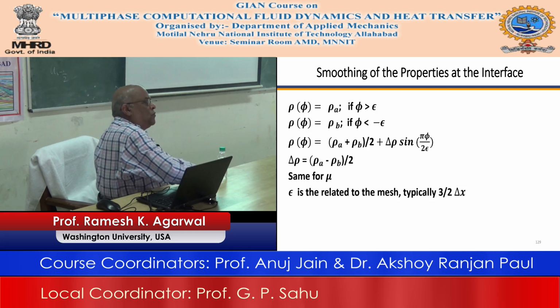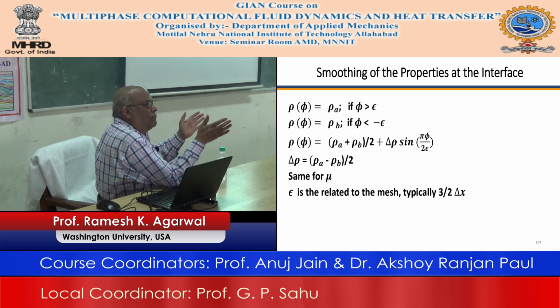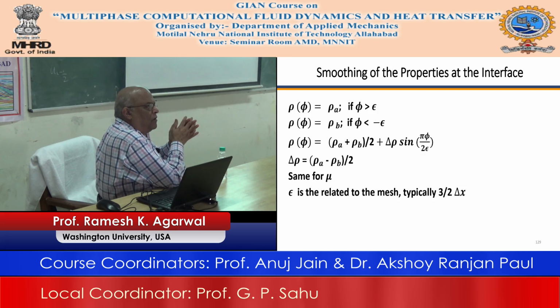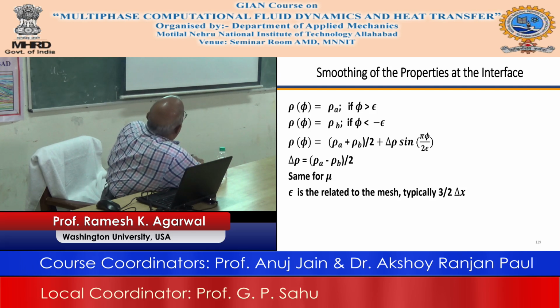If it is a small number, then you are very close to the interface. If you make it a big number, then you are far away from the interface. Numerically, the purpose is only numerical. So you choose a small number like 10 to the power minus 3, minus 4, and so you are on two sides, on the gas side and the liquid side, and then the average here becomes this, and this is again a fudge factor.